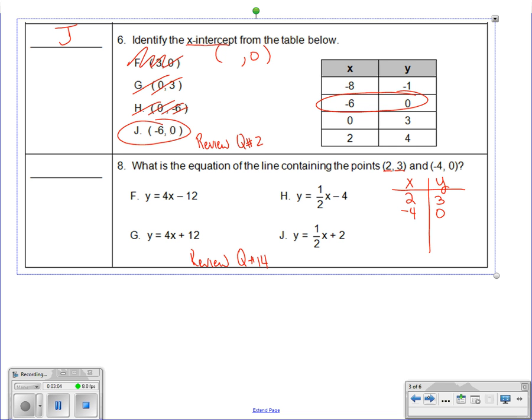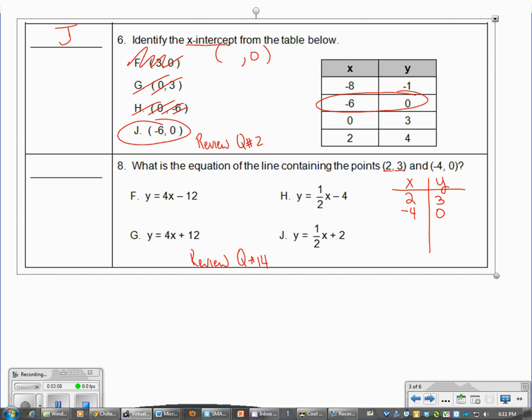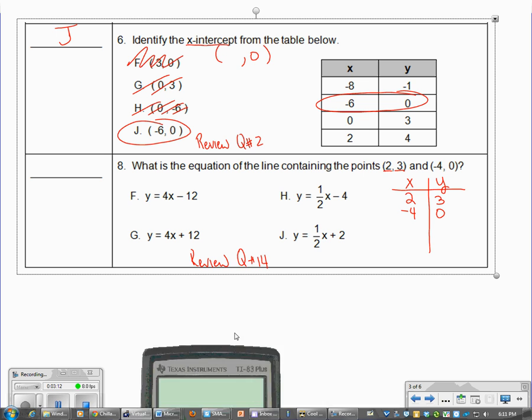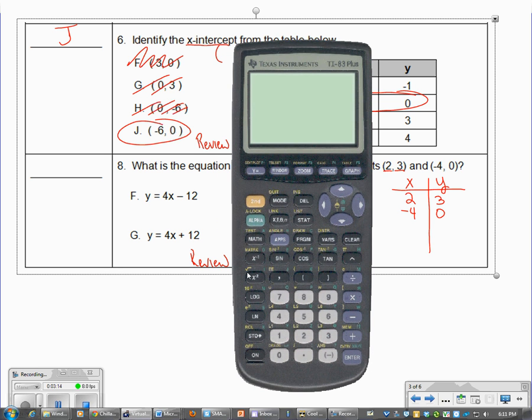Now you're going to use your calculator, and we're going to use our stat. Remember in your spiral, you have that information on how to get to stat. The first thing we're going to do is clear out. We go stat, number 1 for edit.